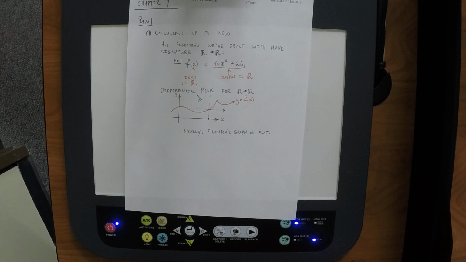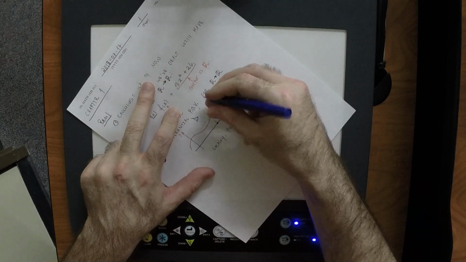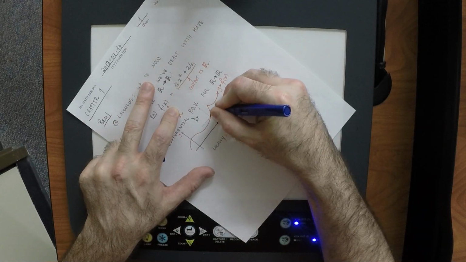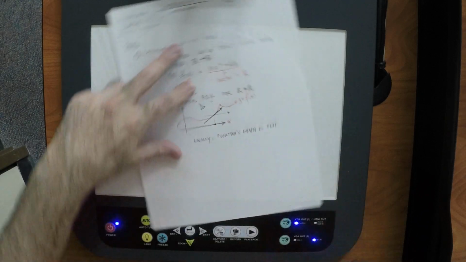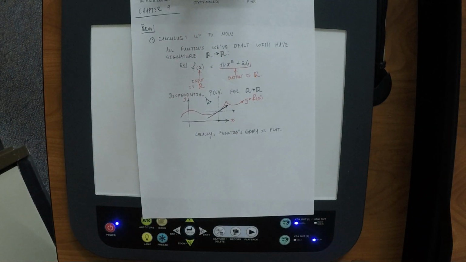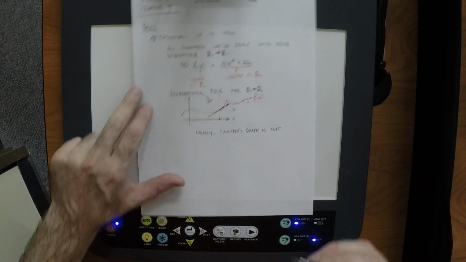The name of the local flat approximation to a function at a point is called its tangent line. The differential point of view is that locally things look like their tangent lines. That's a summary of calculus.